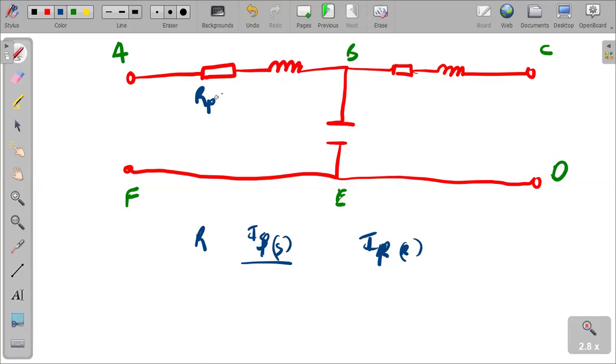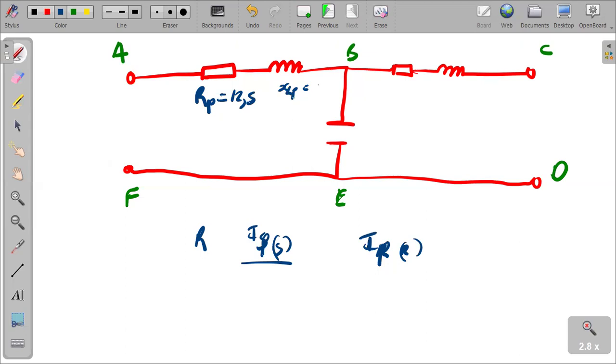RP is equal to R total over 2. So what is our total resistance then? It is 25, divided by 2 to give us 12.5. Same applies: XLP is equal to XL divided by 2.